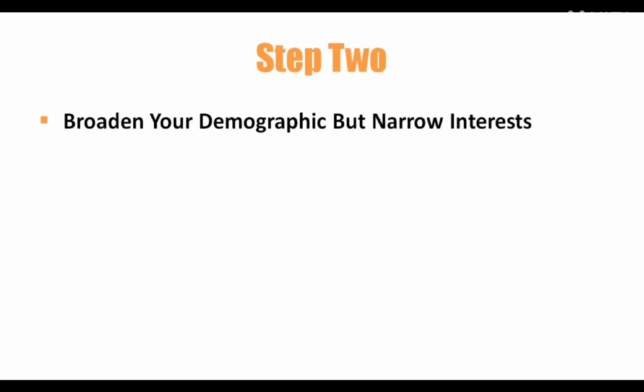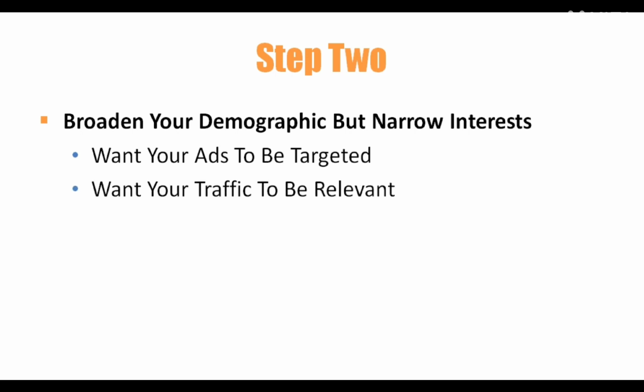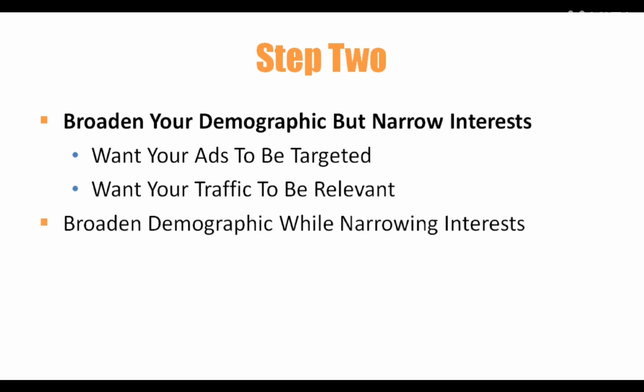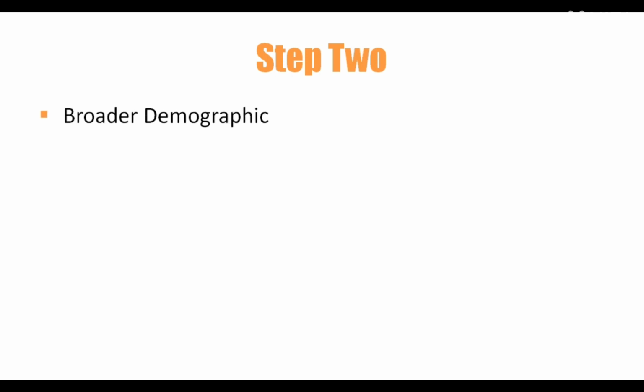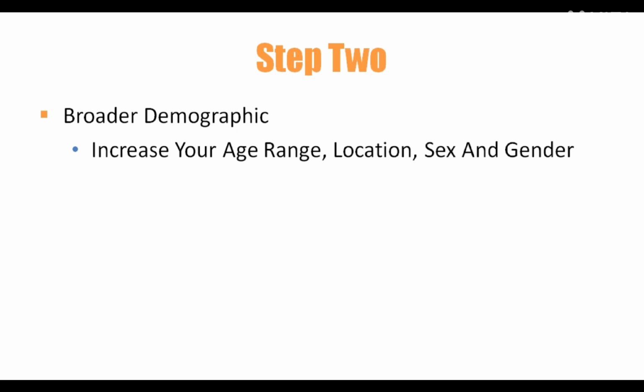Step 2. Broaden your demographic but narrow interests. This part is tricky. You want your ads to be targeted and you want your traffic to be relevant. However, broadening your demographic while narrowing your interests can result in penny clicks. A broader demographic would simply mean that you increase your age range, location, sex, and gender.